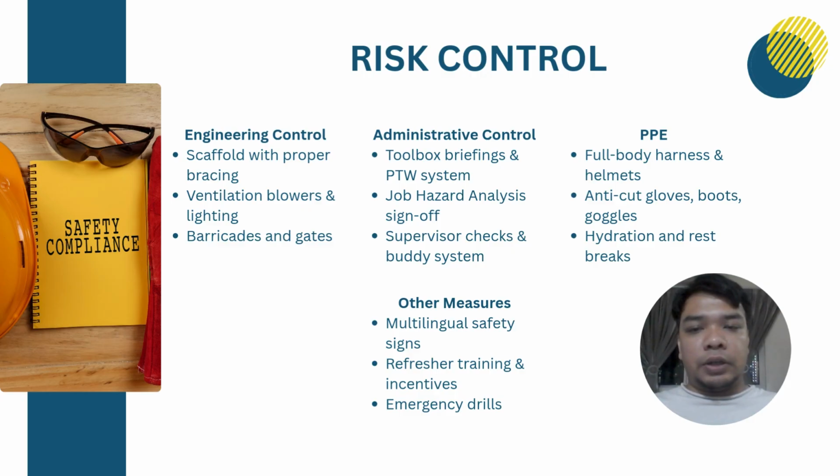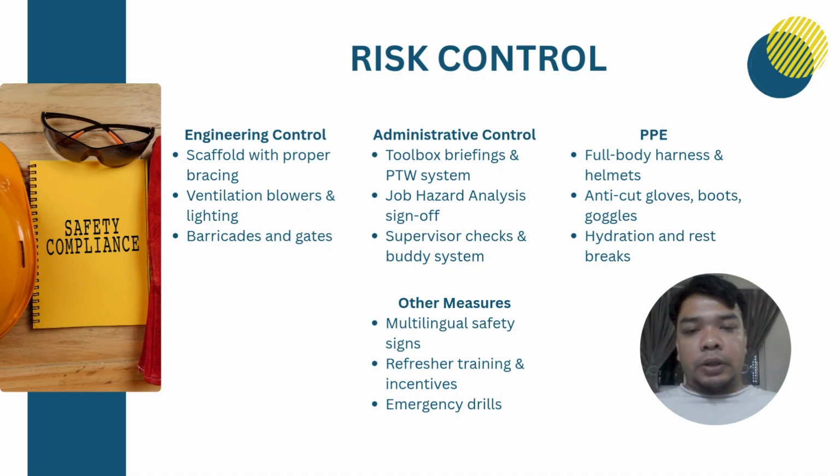First, under engineering control, they use guardrail structures that were properly braced and tied to prevent falls. They also install ventilation blowers and adequate lighting inside the lift shaft to improve air quality and visibility. Barricades and lockable gates were placed around hazardous areas to stop unauthorized access.